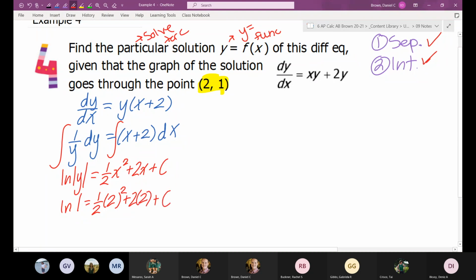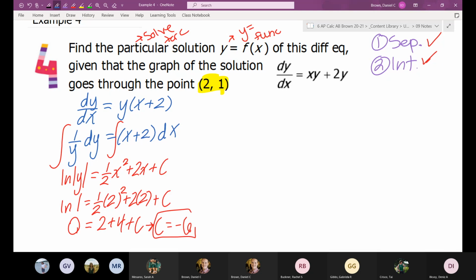That's something I can solve pretty easily. You should know this, the natural log of 1 is equal to 0. So we have 0 is equal to 1/2 of 4, so that's going to be 2 plus 4 plus c, giving me c is equal to -6.